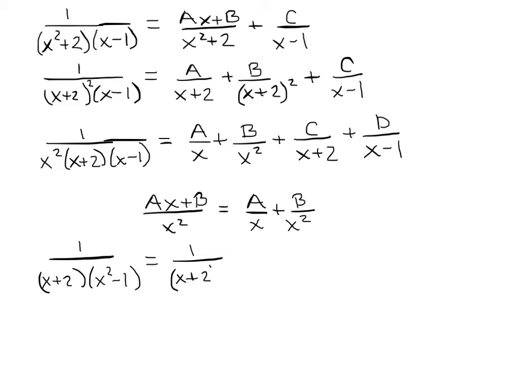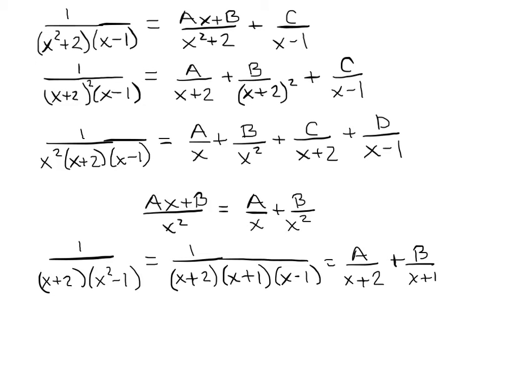That x squared minus 1 can get broken into x plus 1 and x minus 1. So in this example, just keep in mind that the denominator has to be completely factored before you split it up. A over x plus 2, plus b over x plus 1, and c over x minus 1.